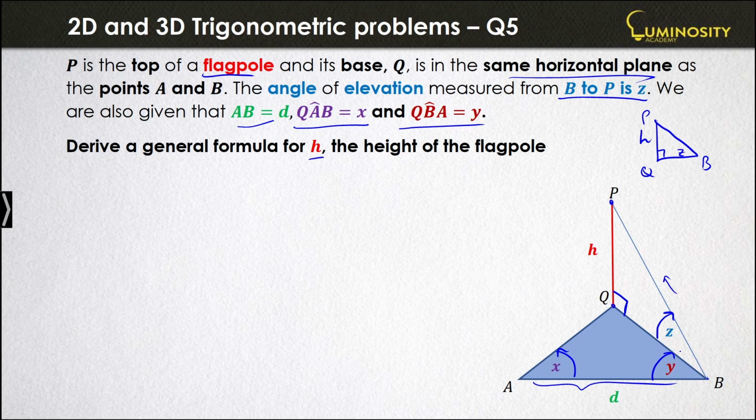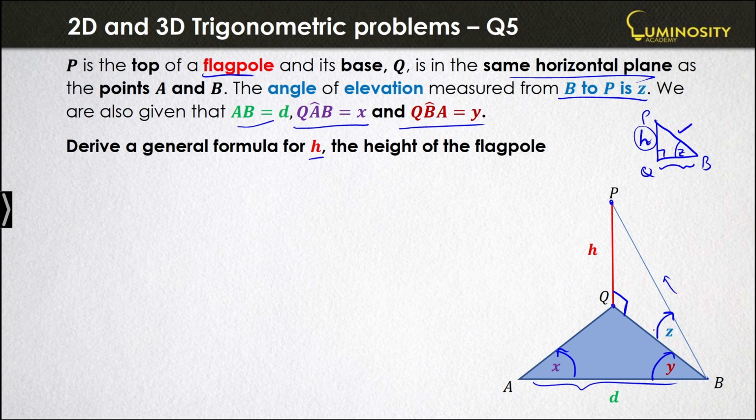Okay, so now we need an expression for the height H. First of all, what I can see here is that I have an angle, I know the side opposite, well, that's the side I want to work out, rather, and I have a hypotenuse and an adjacent length QB.